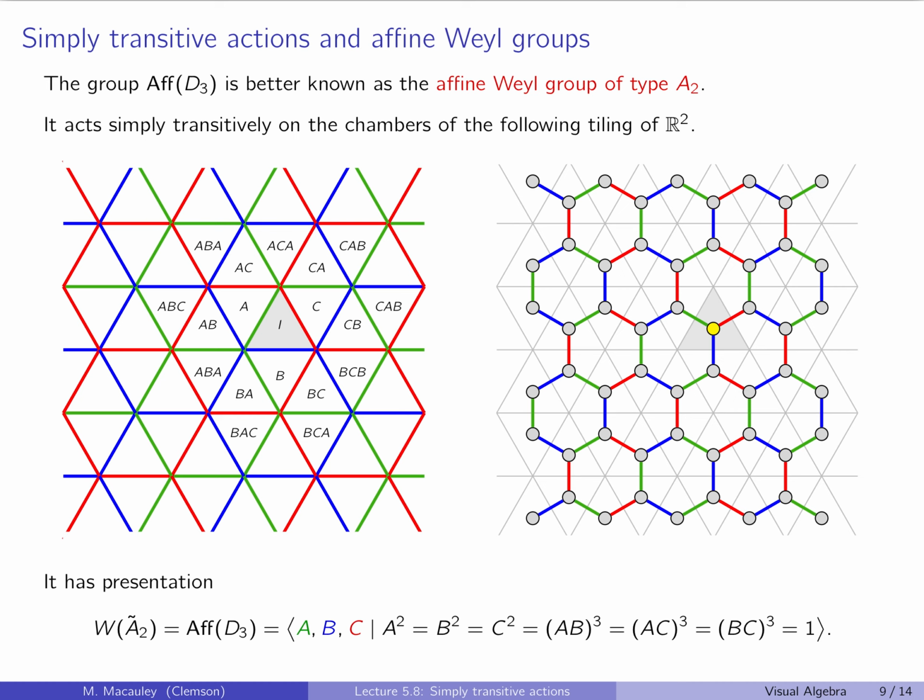And the presentation of this, well, it's generated by A, B, and C, and I've color-coded these so you can look at the corresponding wall. And these are all reflections, so A squared and B squared and C squared are the identity, but also now for every pair of reflections, I have to tell you if you multiply or compose them, you get a rotation.